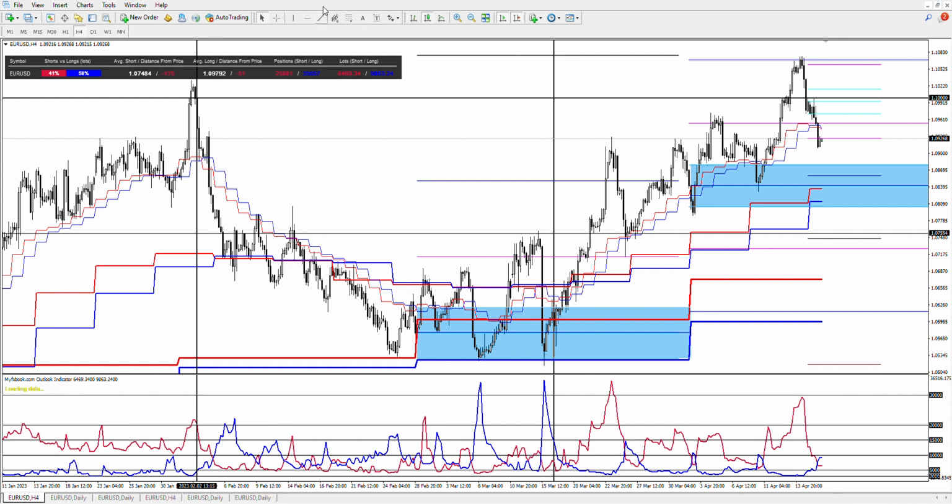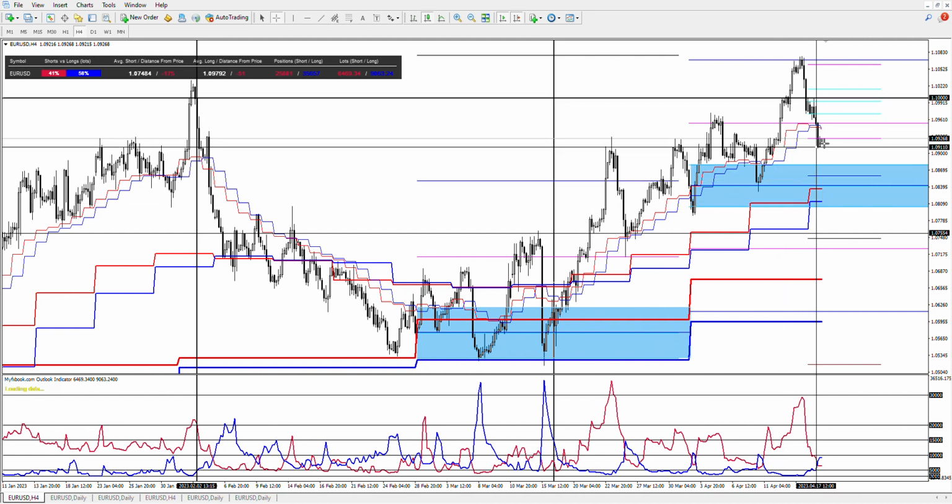You see I entered long here, somewhere here. So I was ready for this drawdown, because I would be ready to take a stop only below somewhere here, below this opening range.